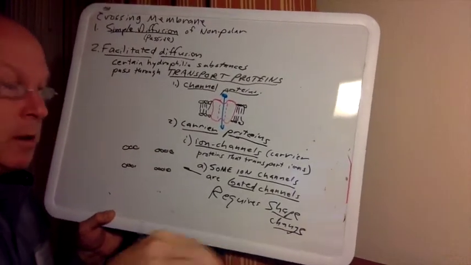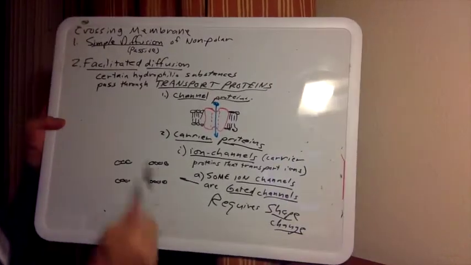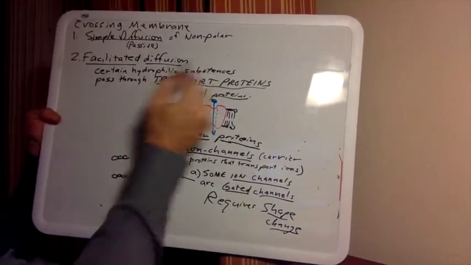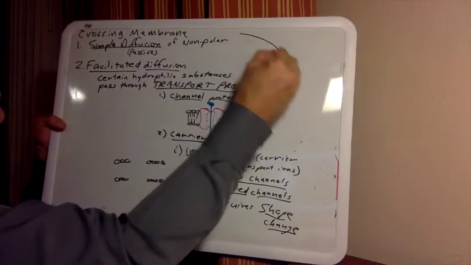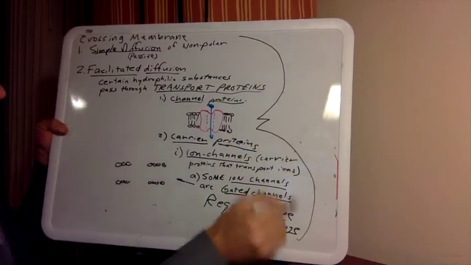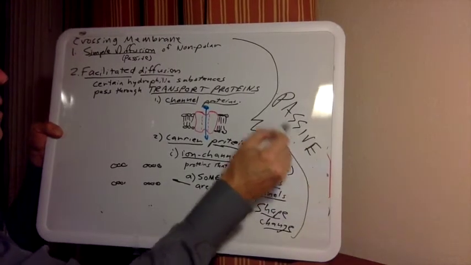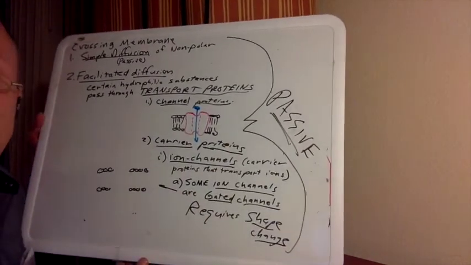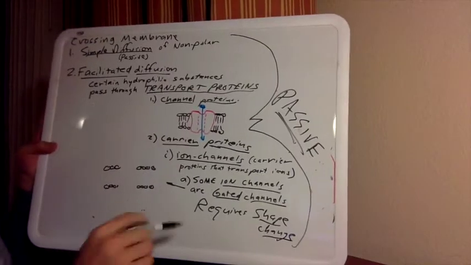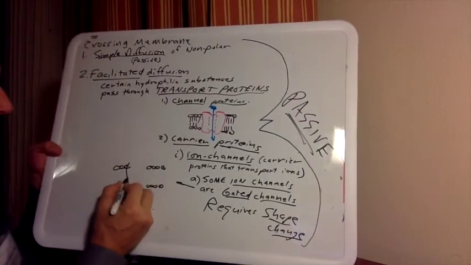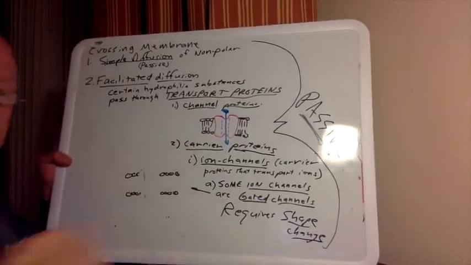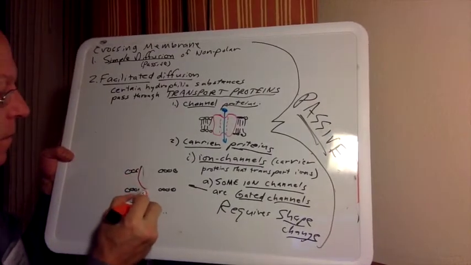Remember though, this whole thing, facilitated diffusion, simple diffusion, everything on this board is passive. Everything on that board is passive. Requires a shape change. So this is where you have some kind of a transport protein that might look like this.